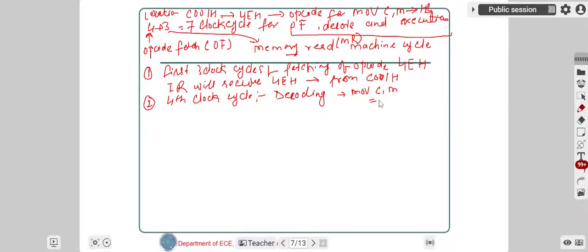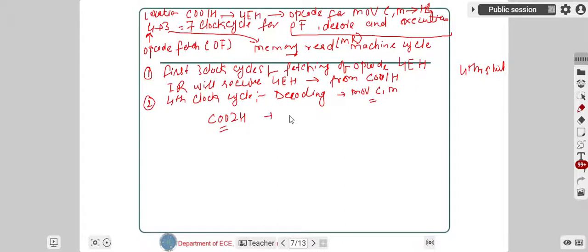So it would automatically understand that four clock cycles are required for the opcode fetch machine cycle of this kind of instruction. In the meanwhile, program counter contents would have to be incremented to C002H, as we have seen in the previous instruction, MOV A,B, where after the fourth T state the program counter contents are incremented to C002H, but it will not happen here.